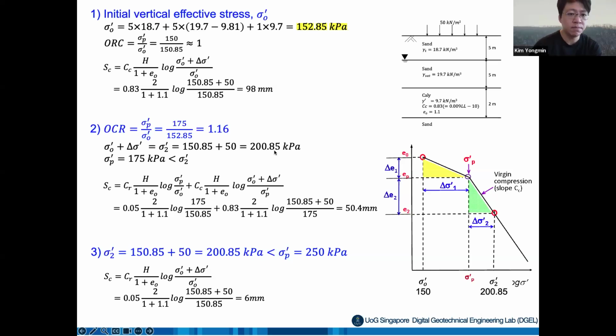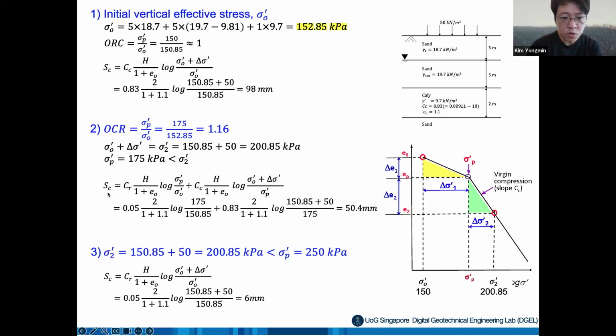OC case. My initial is 150, and currently my pre-consolidation pressure is 175. And on top of this, I added 50, which is 200 something. This is OC clay, but the second OC, right?